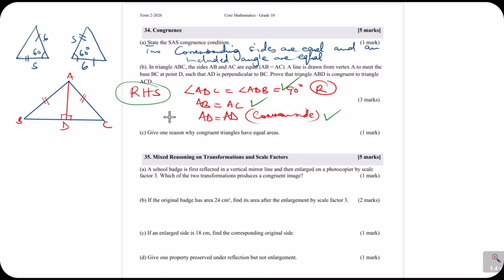Then part C, give one reason why congruent triangles have equal areas. The reason is simple.